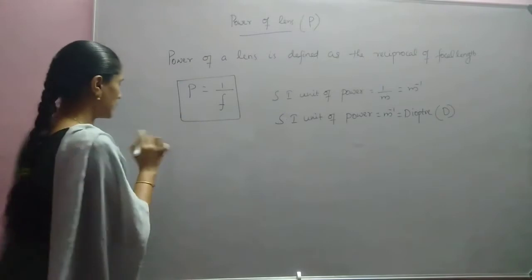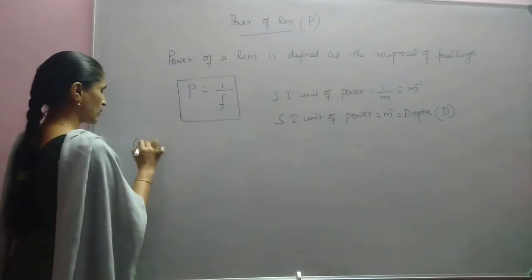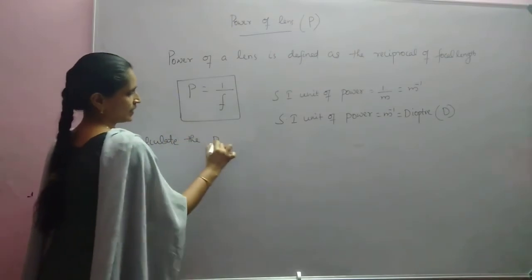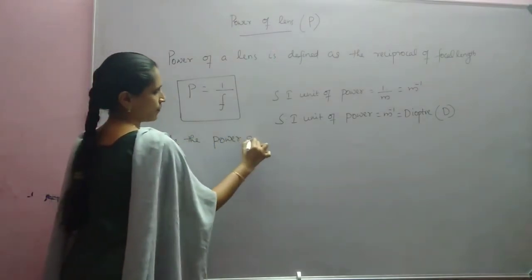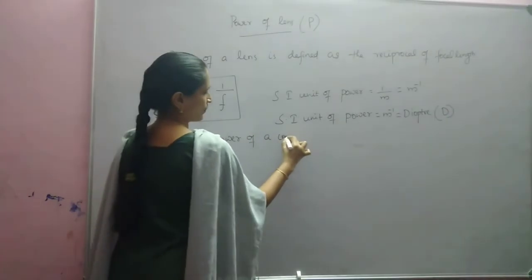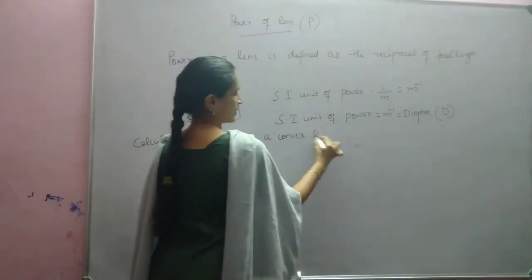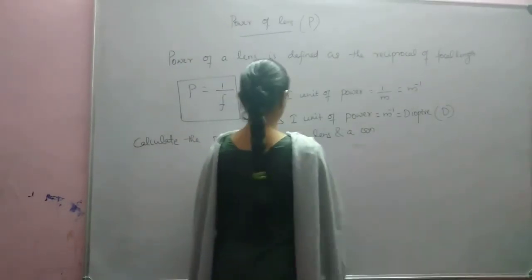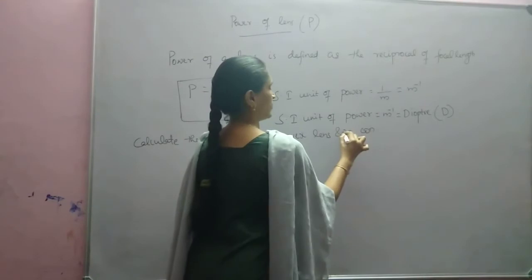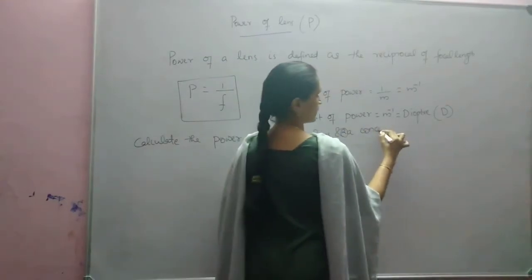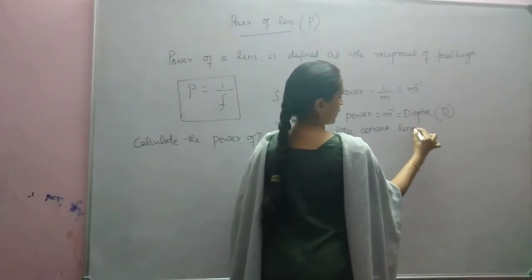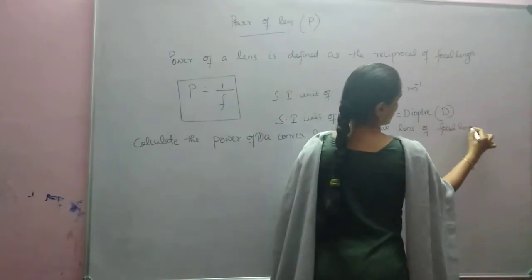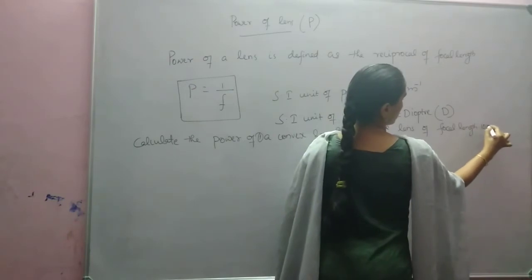For example, what if it is asked: calculate the power of a convex lens and a concave lens of focal length 10 cm.